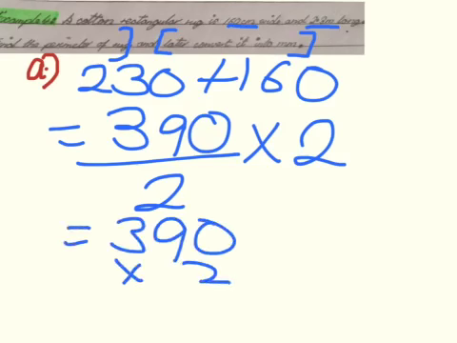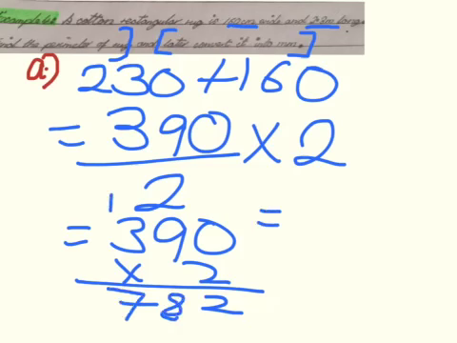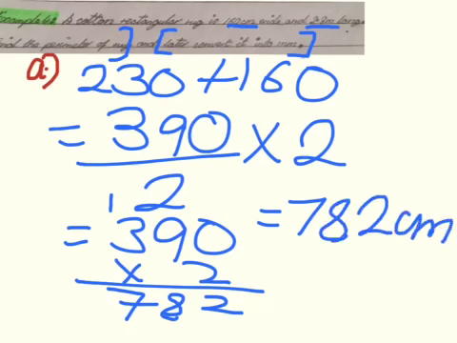390 times 2. 2 nines are 18, 2 threes are 6 and 7. That means 786 centimeters. The reason why we times it is because we've only found just 2 lengths of it. It's a rectangle.